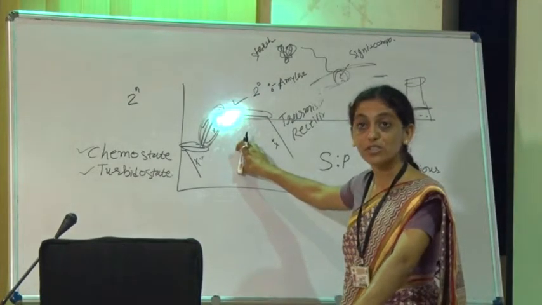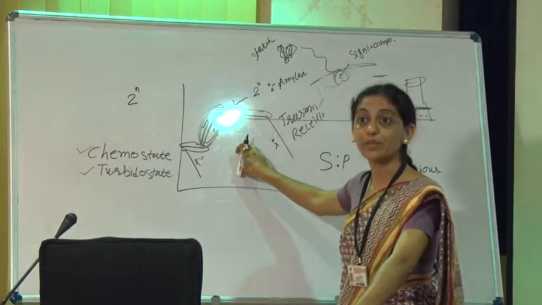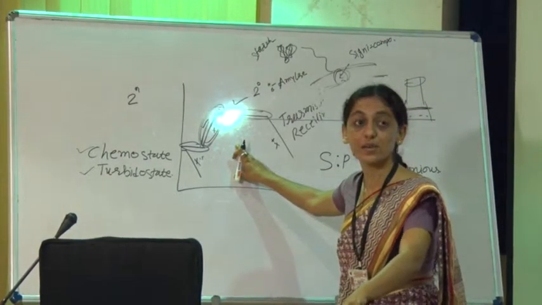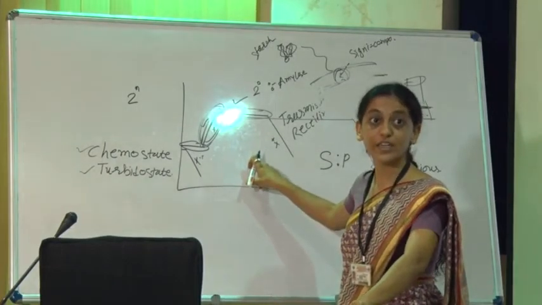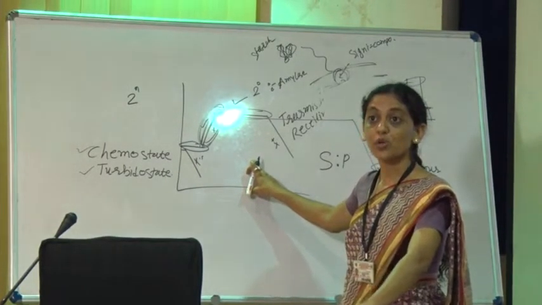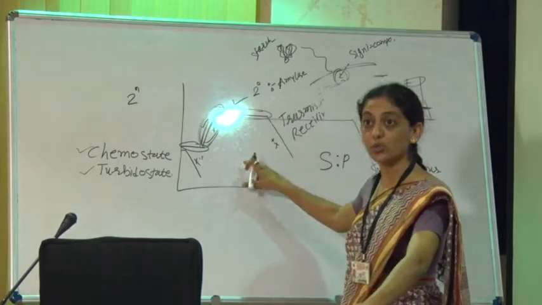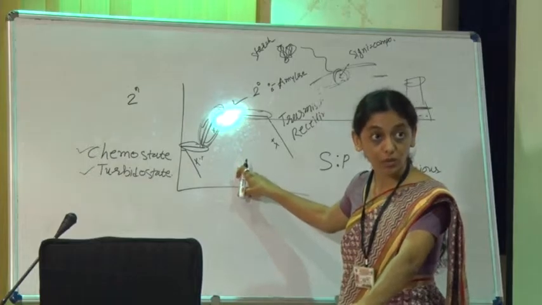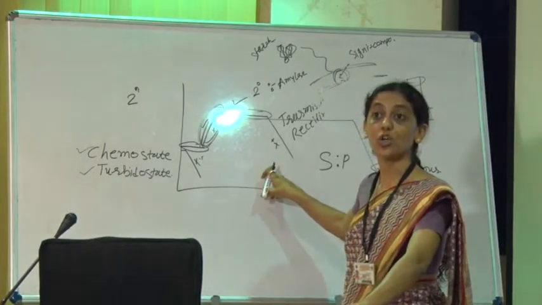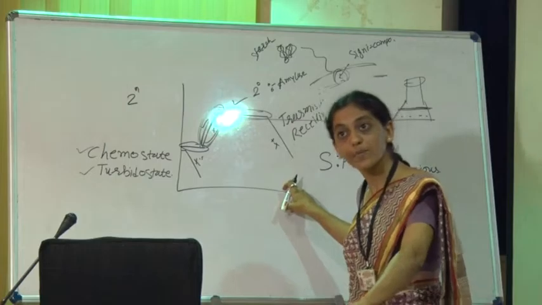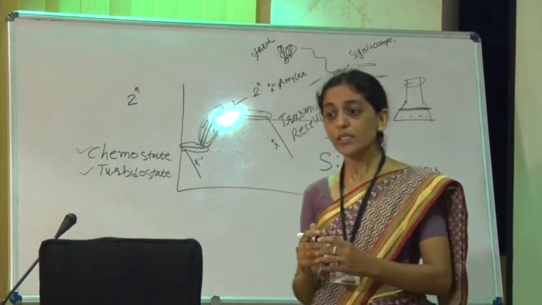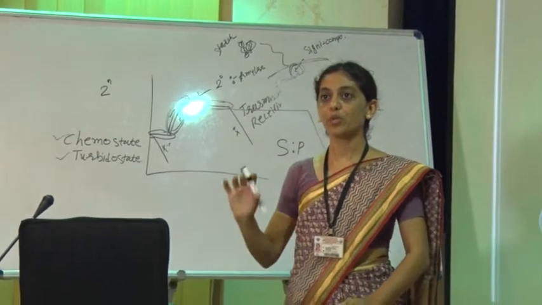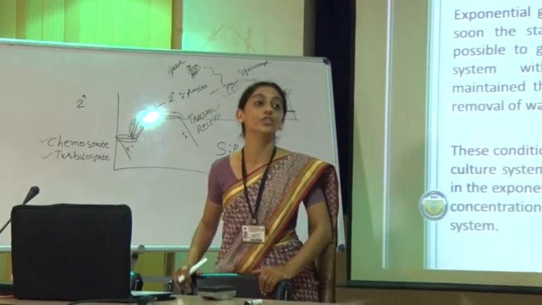But if they get sufficient nutrients, they increase their population, and at the same time, while utilizing the substrate, they will definitely produce product. So you need to maintain two things simultaneously: the growth phase or growth curve, as well as the ratio of substrate to product. These conditions, maintained in laboratories, are known as continuous culturing.